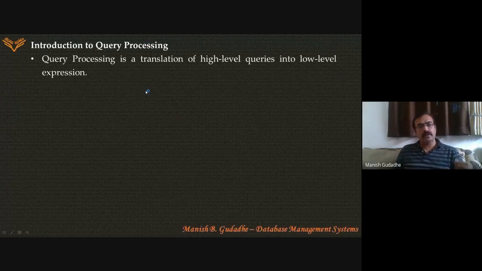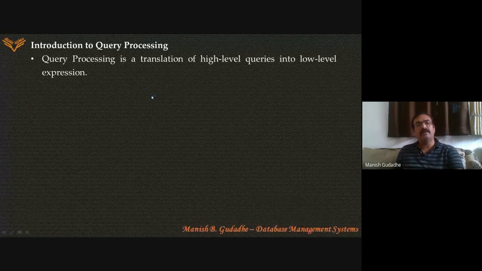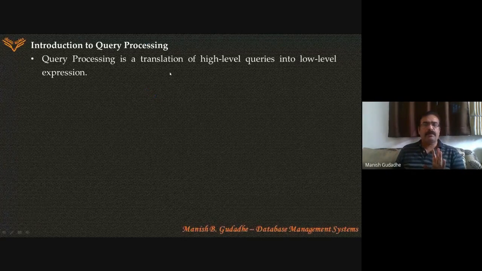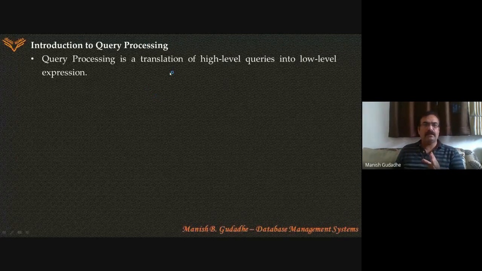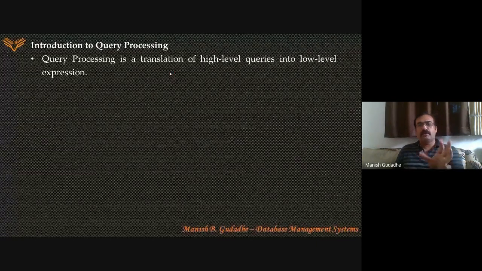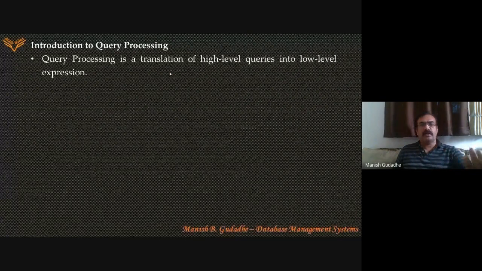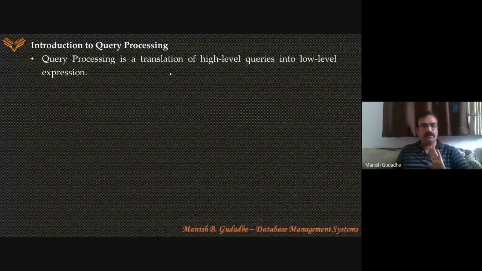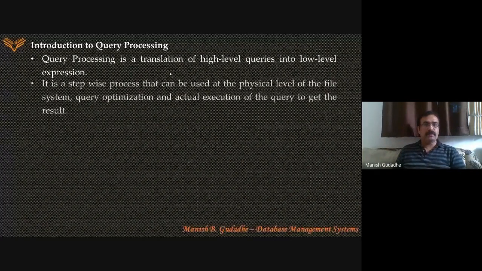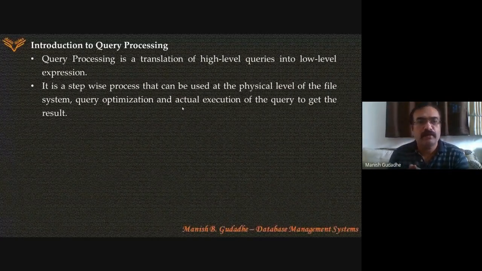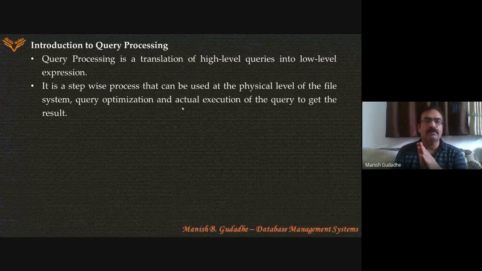So query processing is a translation of high level language queries into a low level expression. But it is not only that, it has a few more steps. SQL is a higher level language, and low level language is a machine understandable language, which will interact with the physical schema. It is a stepwise process that can be used at the physical level of the file system.